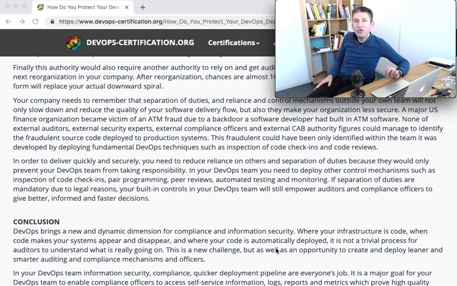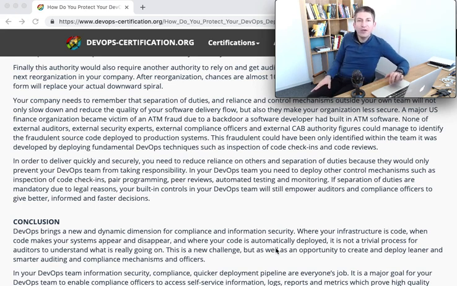This fraudulent code could have only been identified within the team. It could have been found by deploying fundamental DevOps techniques such as inspection of code check-ins, peer reviews, and code reviews. Otherwise, such tricky, fraudulent code cannot be identified by an external auditor. It can only be identified within the team itself.